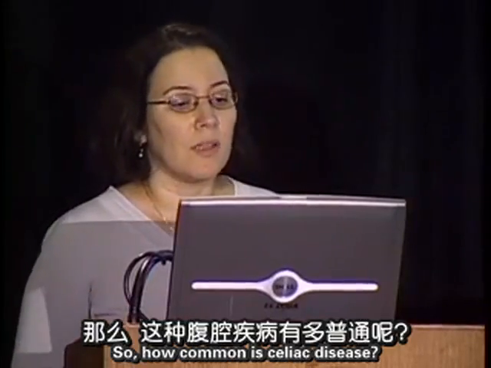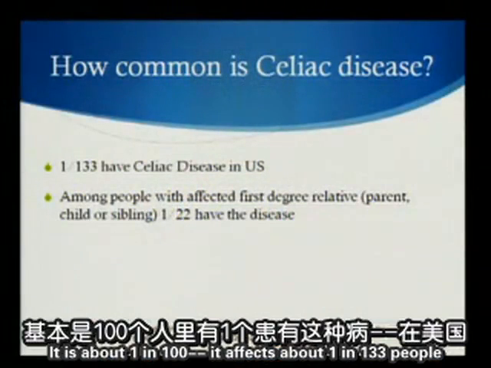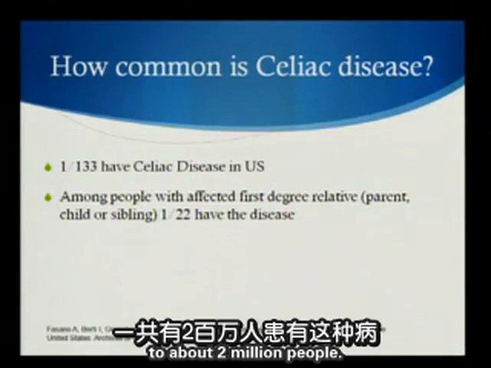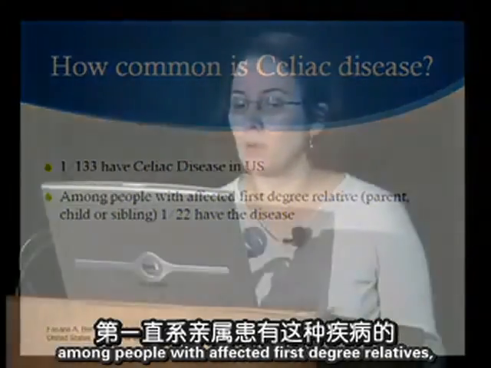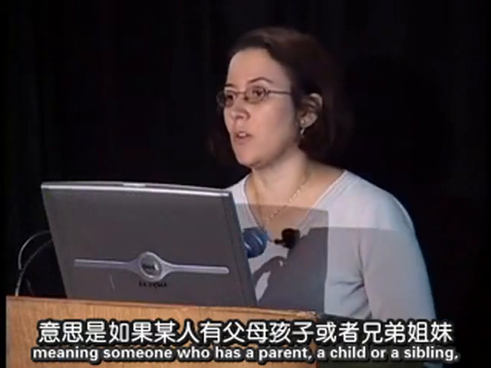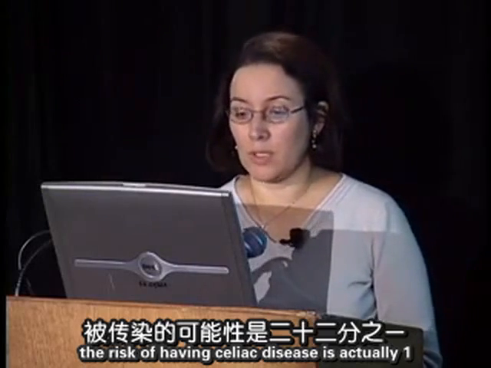So how common is celiac disease? It's about 1 in 100, it affects about 1 in 133 people in the United States. And this translates to about 2 million people. And among people with affected first-degree relatives, meaning someone who has a parent, a child, or a sibling, the risk of having celiac disease is actually 1 in 22.